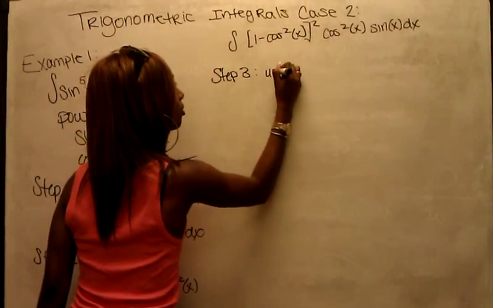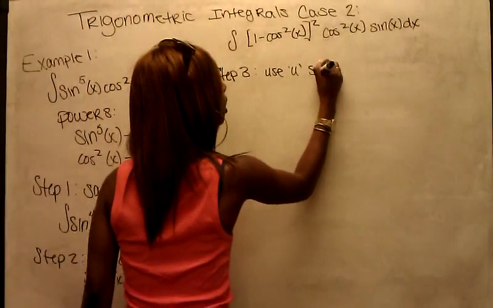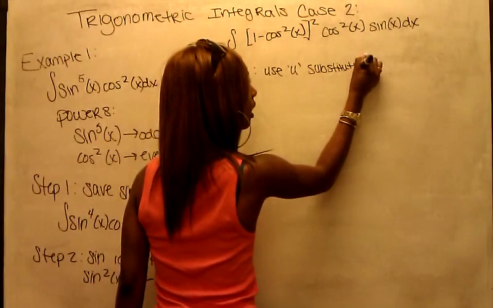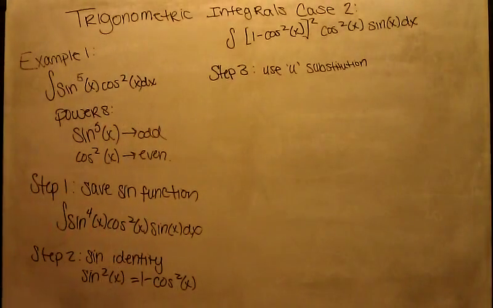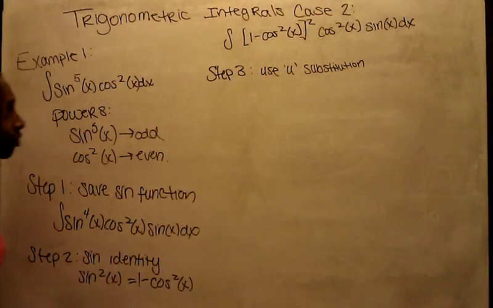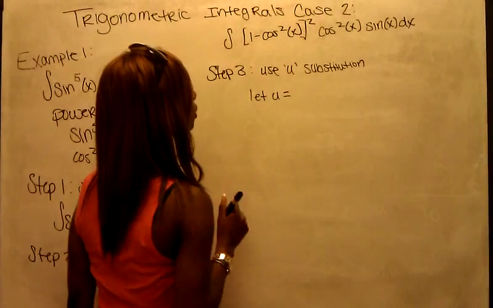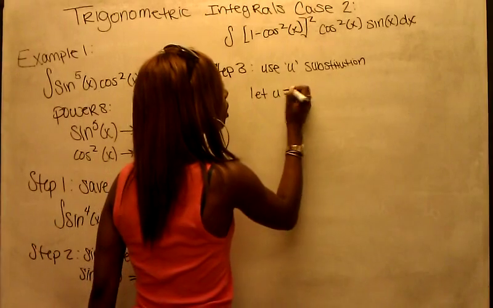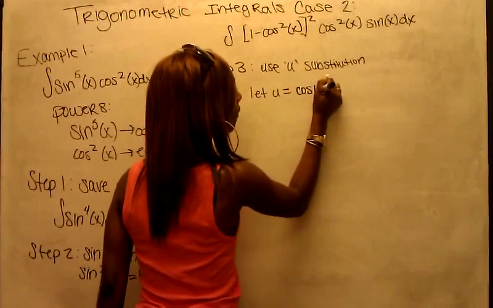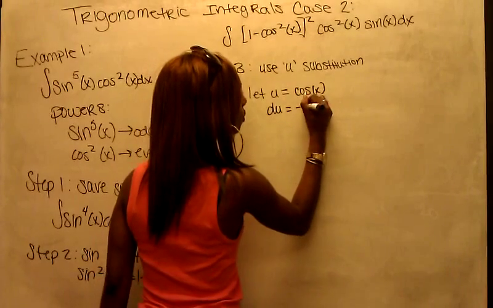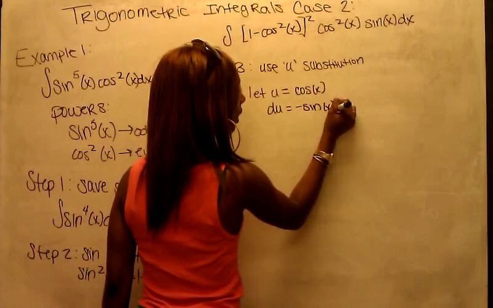So now, moving on to step 3, is to use substitution in order to complete our solving of this integral. We're going to let u be equal to cosine of x, which means that du is going to be equal to negative sine of x dx.